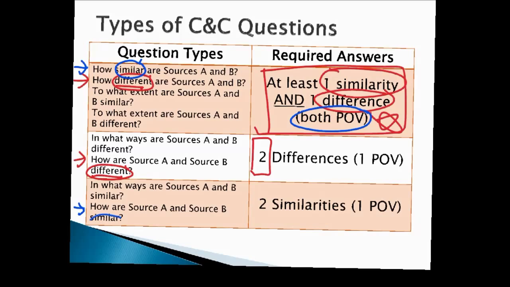When similar appears as the last word, you need to give only two similarities, meaning paragraph 1, similarities between sources A and B. Paragraph 2, also similarities between sources A and B. Please remember this. Don't be tricked by the exam question. Save every mark that you deserve.